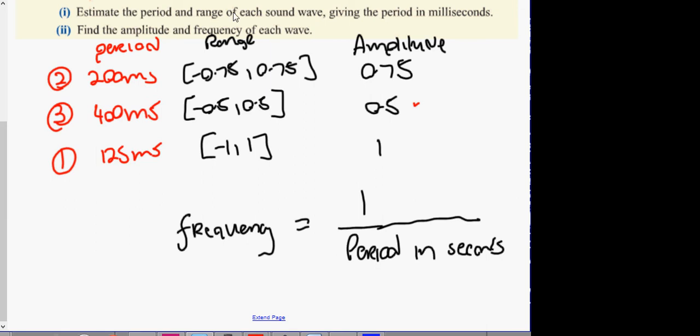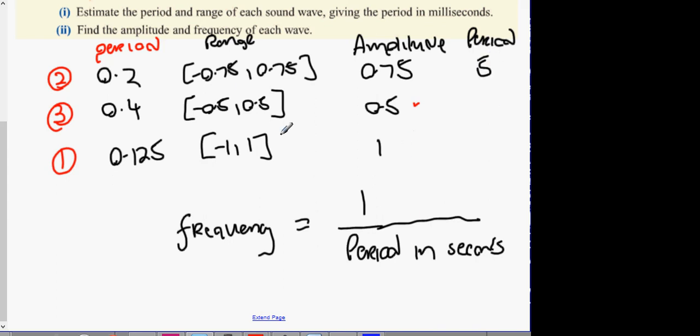Remember, the period in seconds is going to be 0.2, 0.4, and 0.125. Divide it into 1, 1 divided by the period, and you'll get that this one is 5, this one here is going to be 2.5, and the other one is going to be 8.